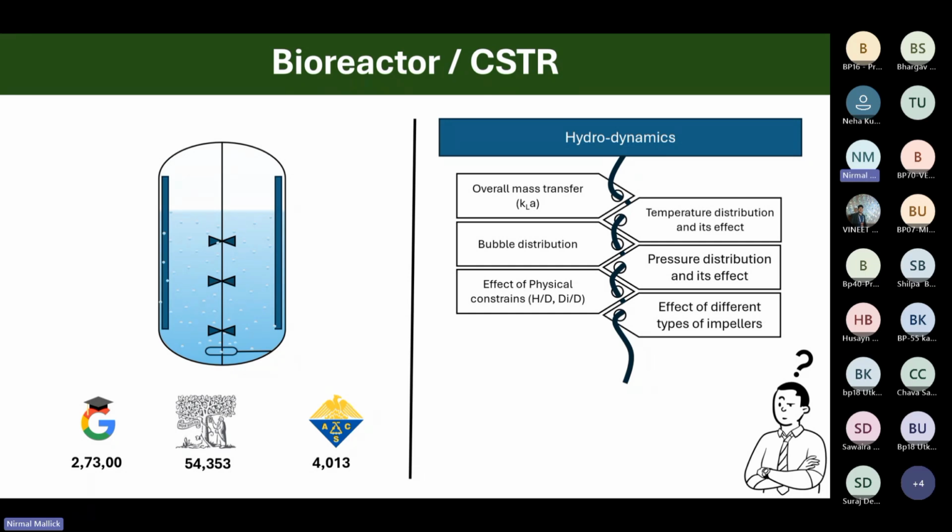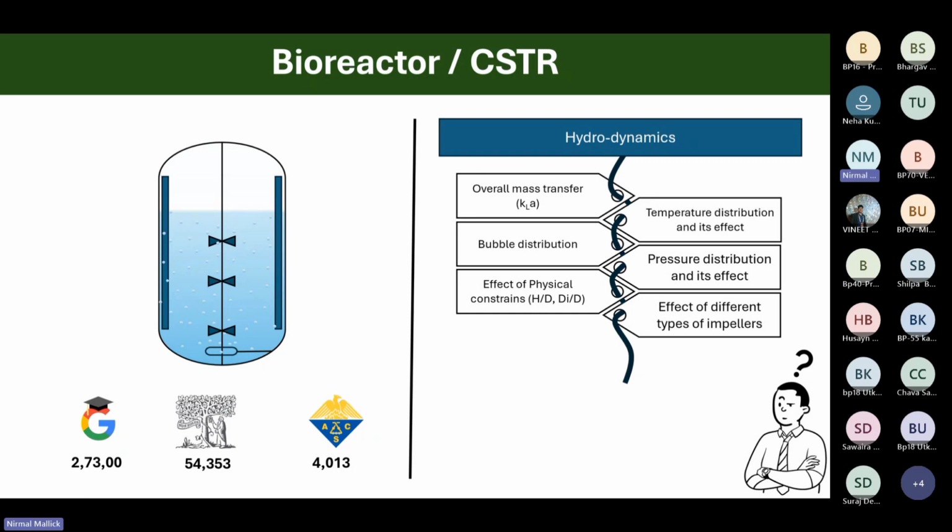When we talk about CFD, it basically means hydrodynamic studies, right? Computational fluid dynamics. If you have any doubt, you can ask me anytime. In a hydrodynamic study, we calculate the overall mass transfer coefficient, that is kLa, the bubble distribution, and the effect of various physical parameters like height to diameter ratio or impeller diameter to reactor diameter ratio.